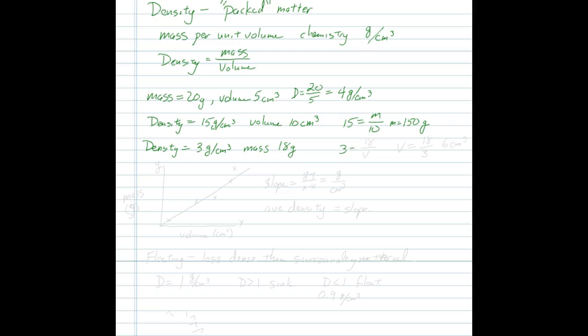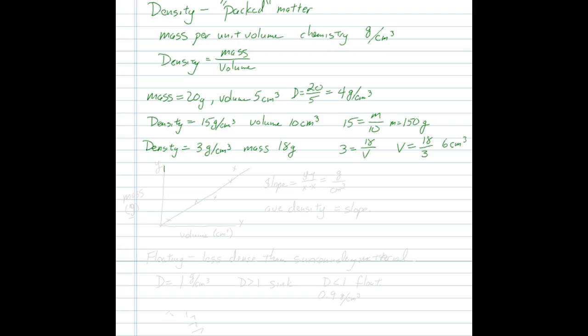The density is 3. The mass is 18. You're trying to find the volume. Now, a neat trick here is if you cross multiply, 3 times b is the same thing as b times 3. So you can switch that and put b equals 18 over 3. It makes the math a little bit easier to do. 18 divided by 3 is 6 cubic centimeters, which is the unit of volume.